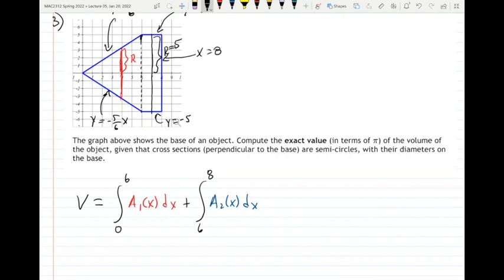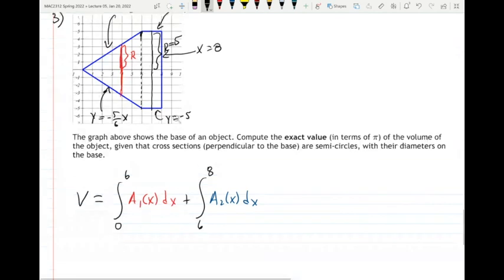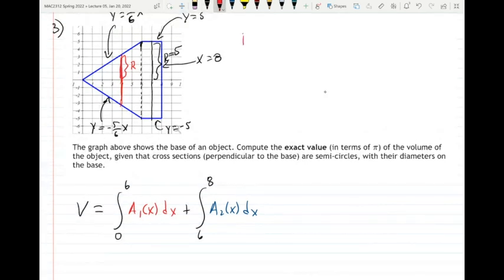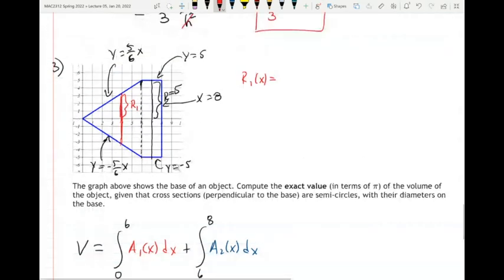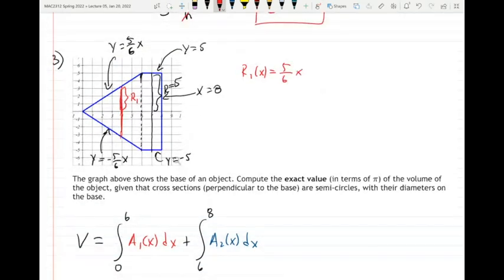For this one, the radius is given by the top function, right? This is symmetric, so that's the halfway point. So R1 of x is gonna be equal to 5 over 6x. And then the radius in the second picture is a constant, right? The radius is always 5.